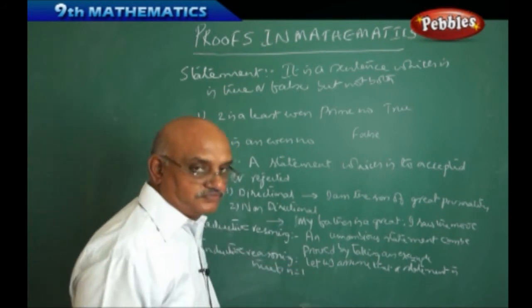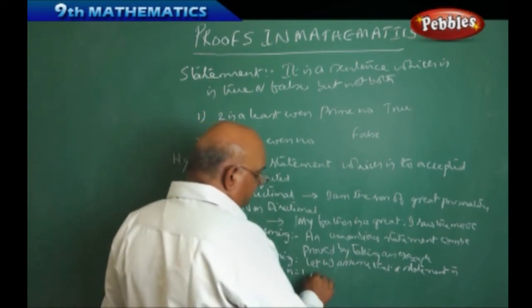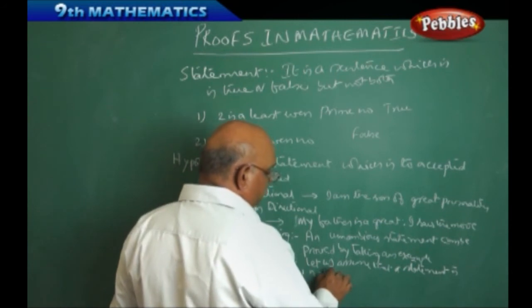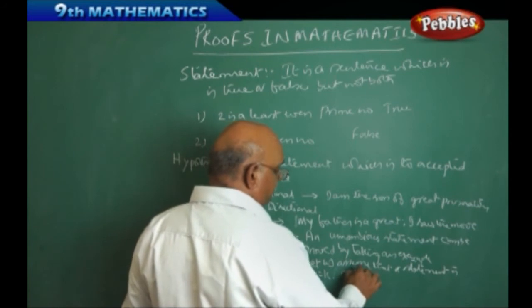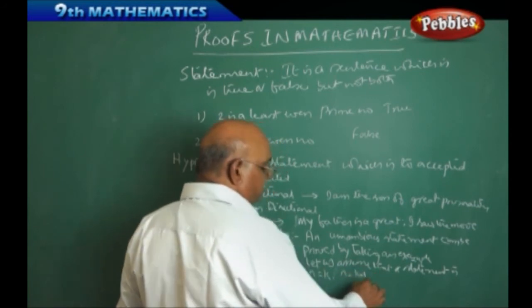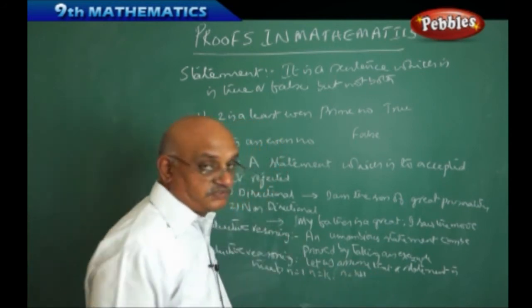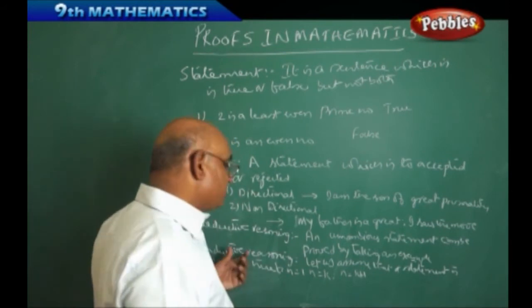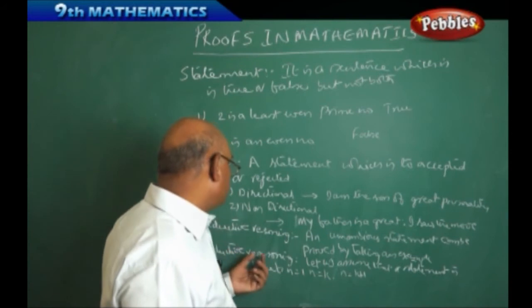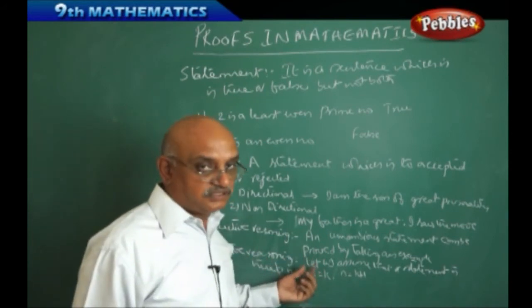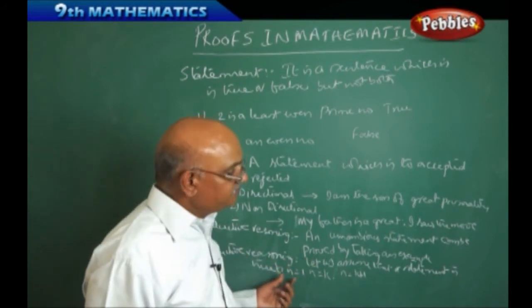Let us assume that the statement is true for n is equal to k. By this assumption, if I am able to prove that the statement is true for n is equal to k plus 1, then I can say that the statement is true for all cases. Most of the problems we do by using inductive reasoning only.